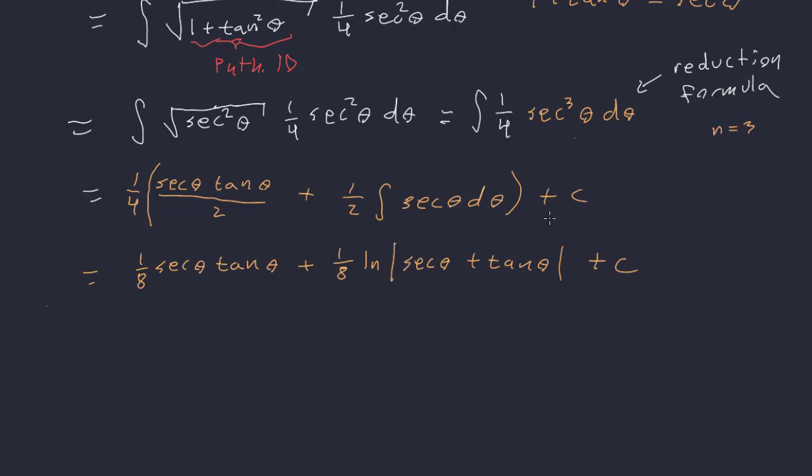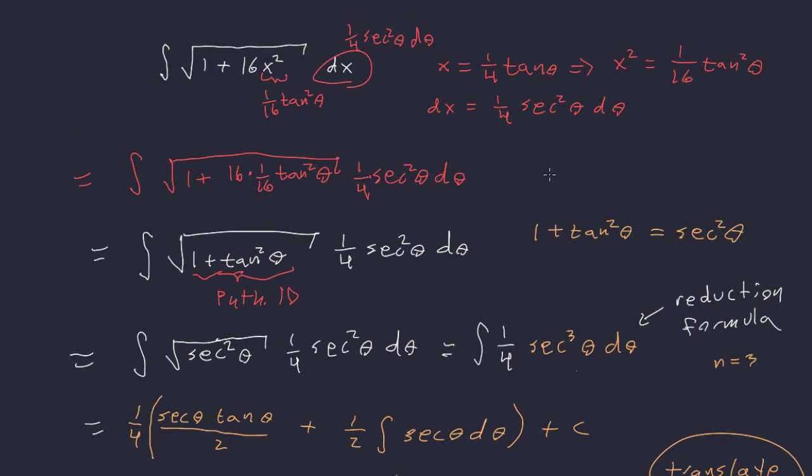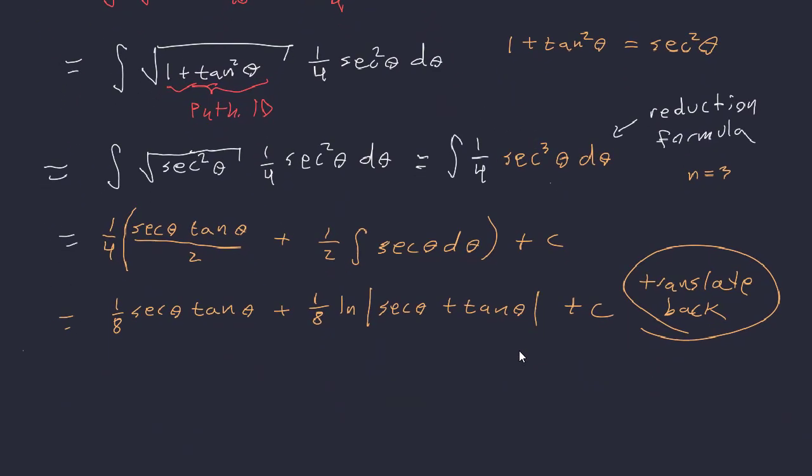Okay, now we want to translate back. That's always our main goal, and that's where we build our reference triangle. If we go all the way back here, remember this is our transformation, and this is what we're going to build our reference triangle with.